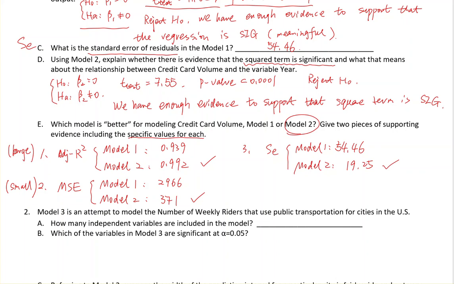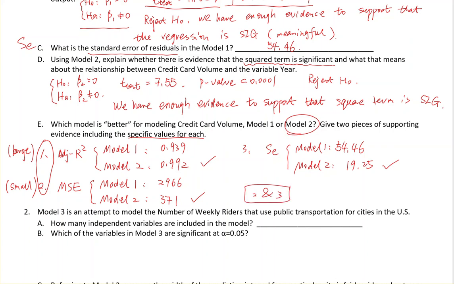So actually I can list 3 reasons, right? My question is, you can use these 2 as the 2 evidence. You can use the 1 and 3, adjusted R-squared combined with the SE, as your supporting evidence. But can you use number 2 and number 3 as your 2 evidence?